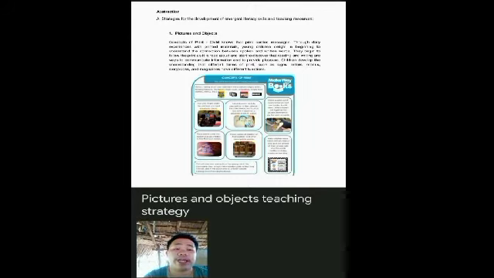Not merely reading theory or pedagogy, but we need to integrate visual learning, such as through images, objects, videos, and tutorials. Through that, they can learn through concrete learning and build their skills well.